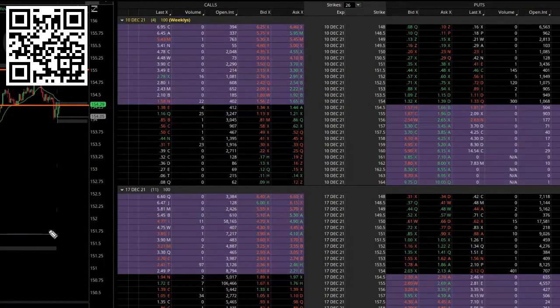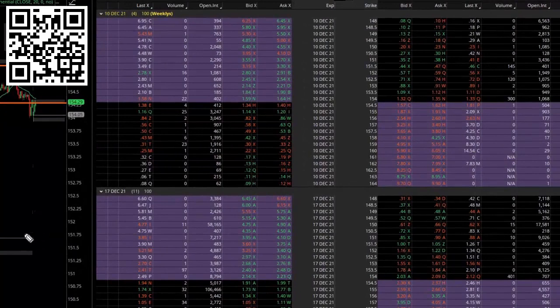Don't forget the basics of technical analysis on every single trade. If you want a stock to go up, it needs to make higher highs and higher lows, period. If you want a stock to go down, it needs to make lower highs and lower lows. What we have here is a high and a low. We are bouncing.